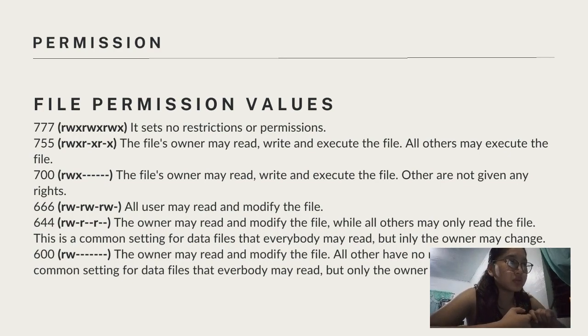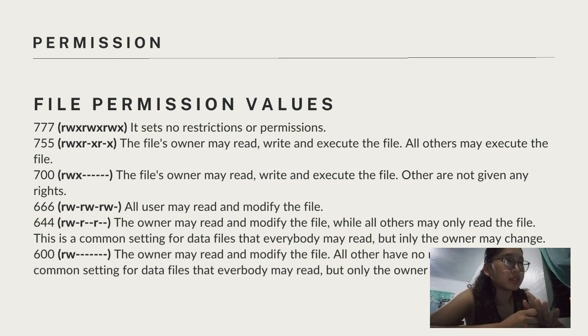These permission values can be combined to define different access levels for the owner, group, and others. The common file permission values include, ito na yung mga common file permissions for Linux.